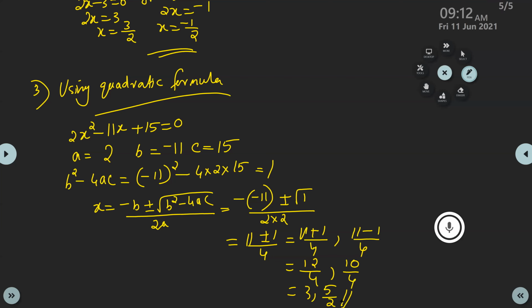If word problems come, there won't be any direction and you can use any method. But a 3-mark question will come using the quadratic formula.